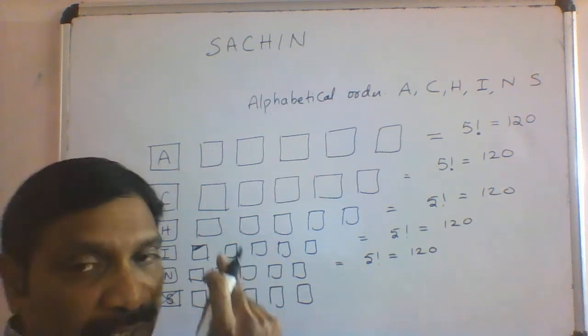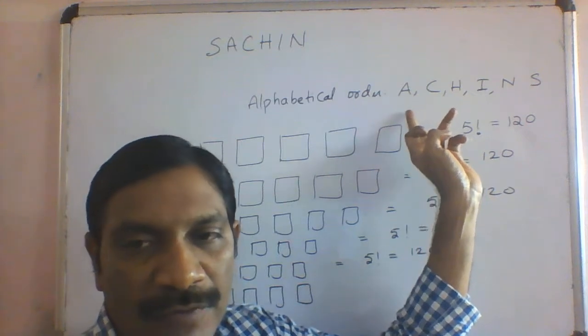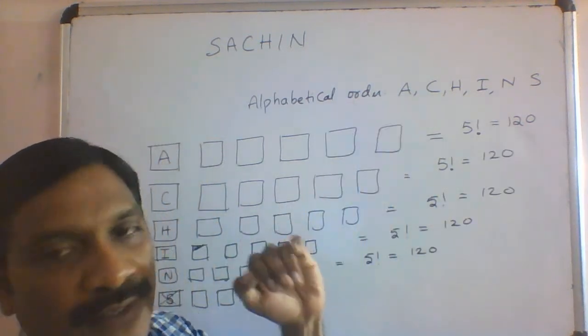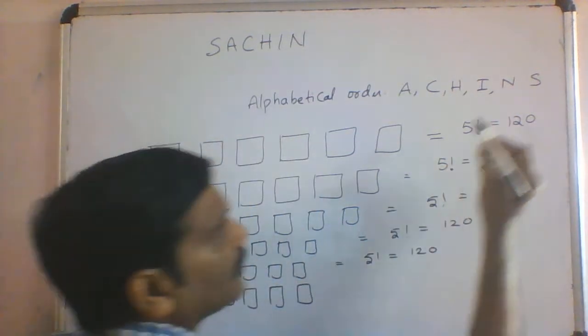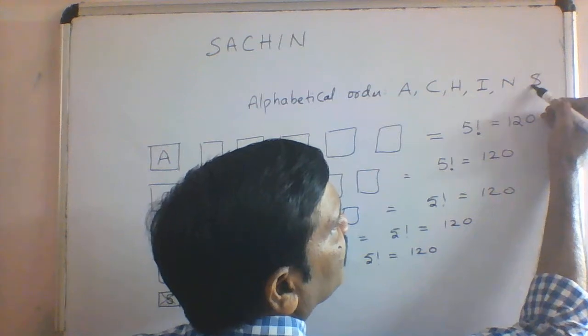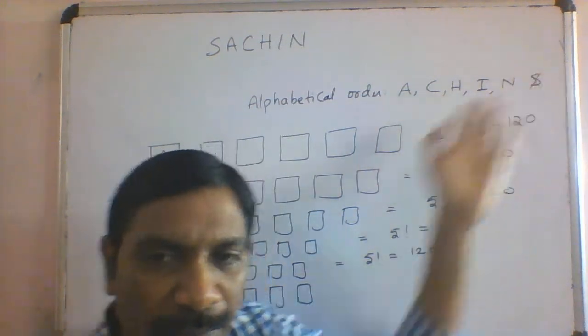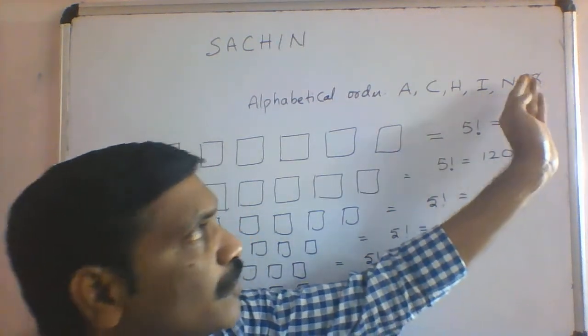Again, while searching, start from the starting letter in alphabetical order. What is the starting letter in alphabetical order? A. And remember, if one letter is blocked here, for convenience sake, you cut that one, because that letter has already been blocked here. It makes no sense here, so you remove that one.